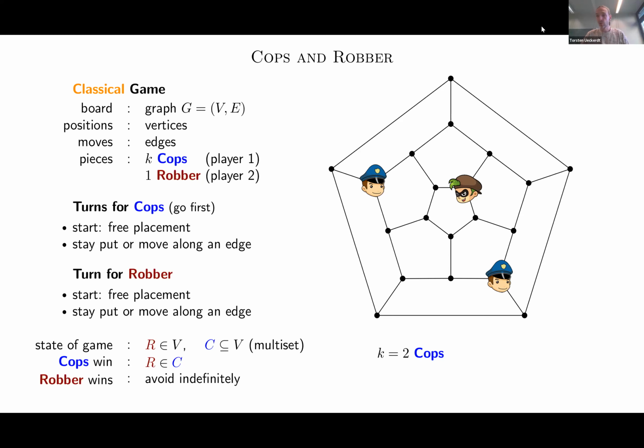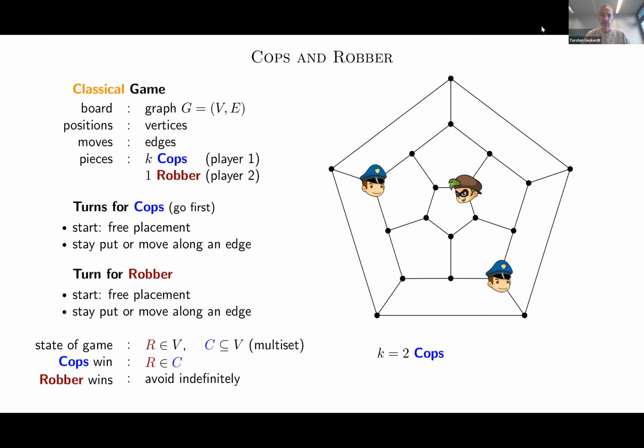And the alternative is that we never reach such a position. So the robber can avoid being captured indefinitely. Then the game goes infinitely long, and we say that the robber wins by always fleeing indefinitely.